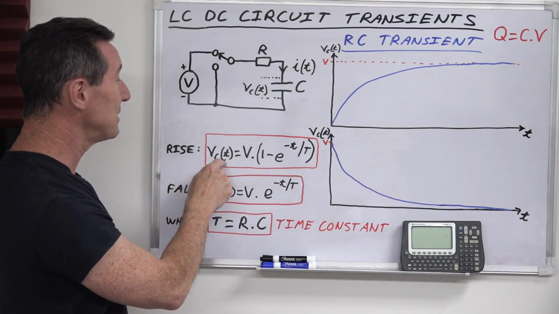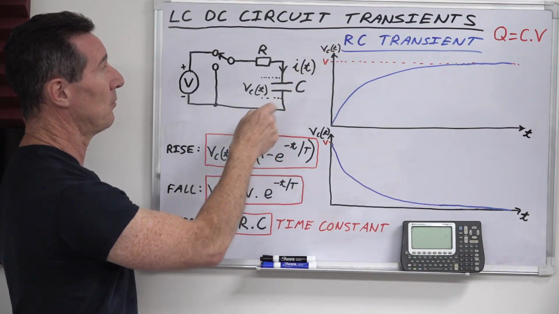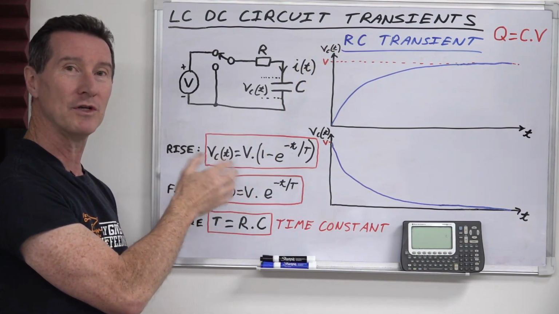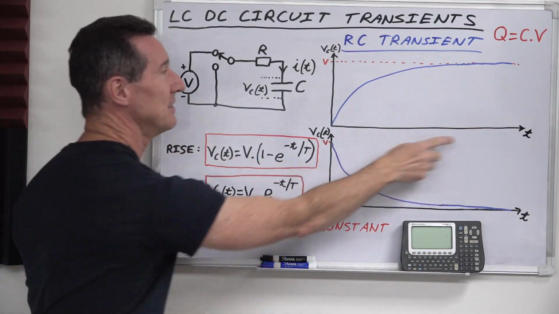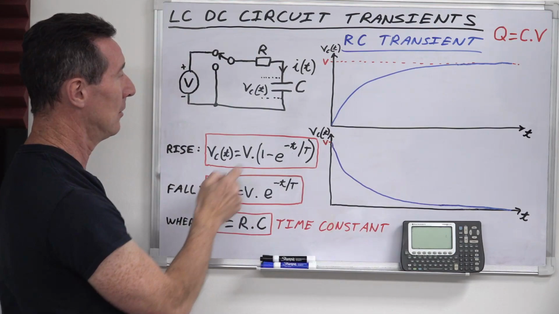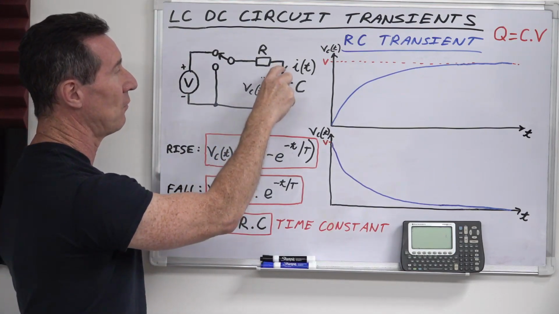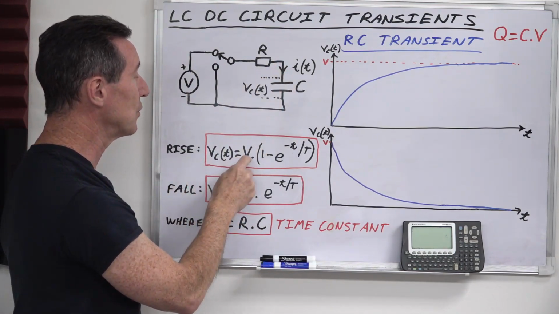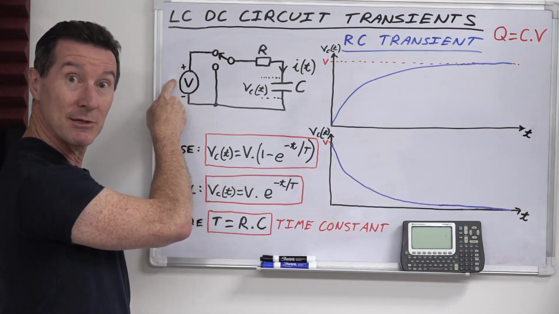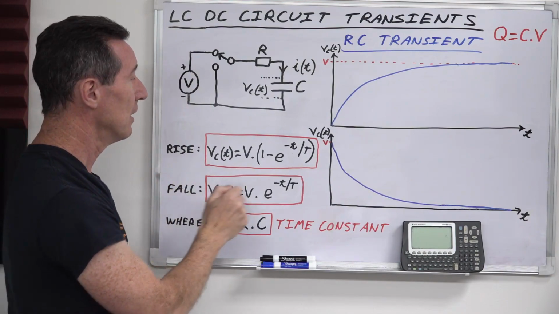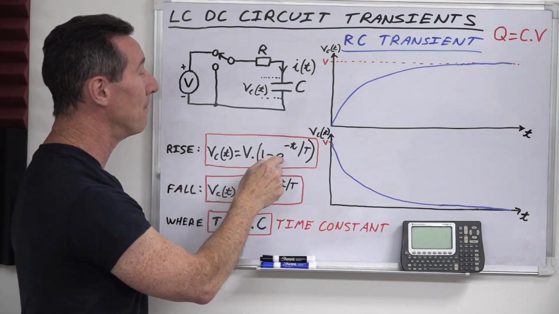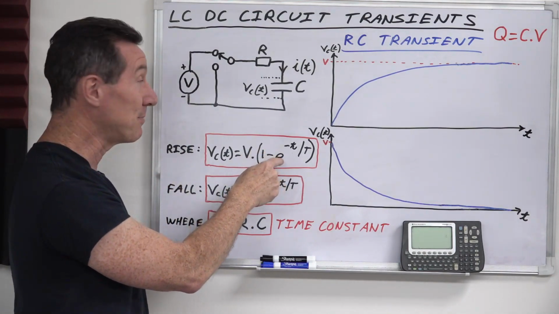But VC(t), which is what I said, is just the change of voltage over time. It's the instantaneous voltage, so the voltage at any instant in time t. Here, I've written VC because it's the voltage across the capacitor. It is equal to the maximum voltage, so you can think of that as V max, or your source voltage, multiplied by 1 minus e, which is an exponential function.